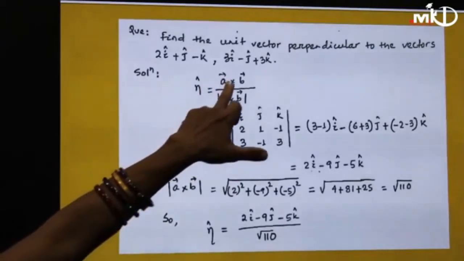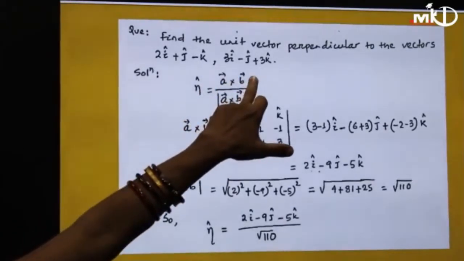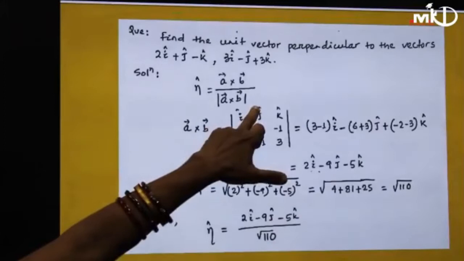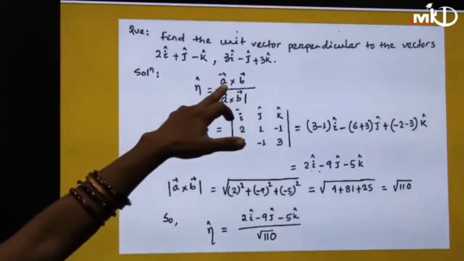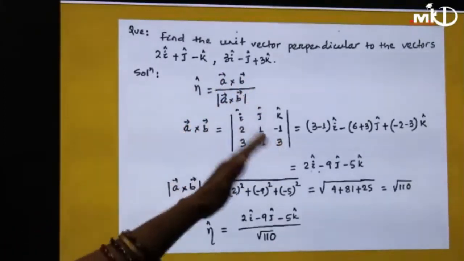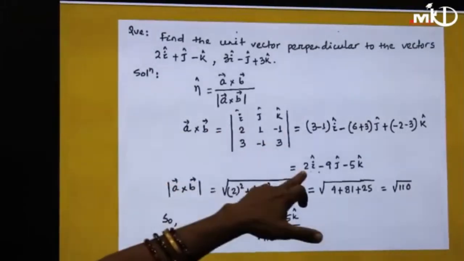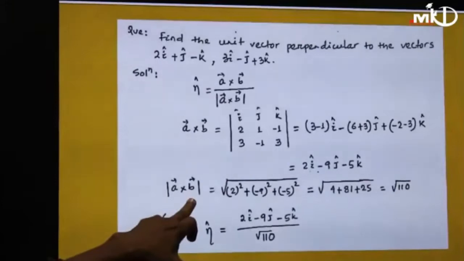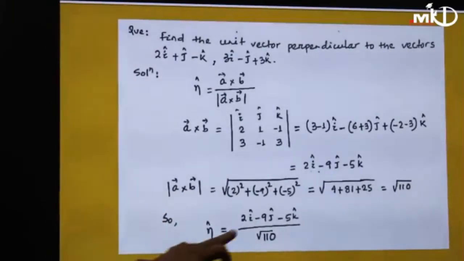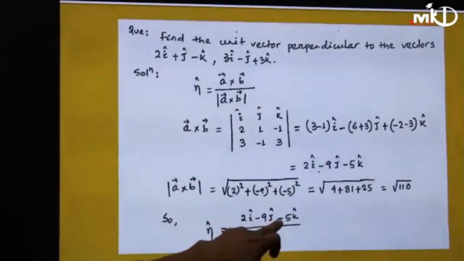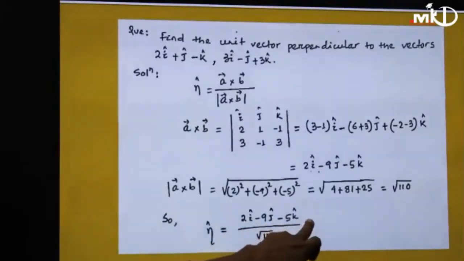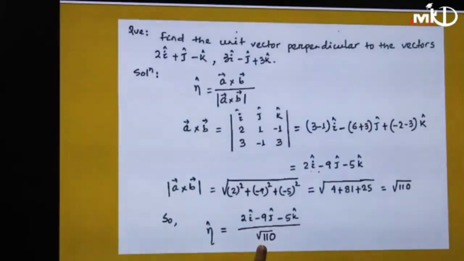So n cap is equal to a bar cross b bar by its magnitude. You already know how to find a bar cross b bar by the determinant method. So you find a bar cross b bar and then you find the modulus. So n cap is obviously 2i cap minus 9j cap minus 5k cap by root over 110.